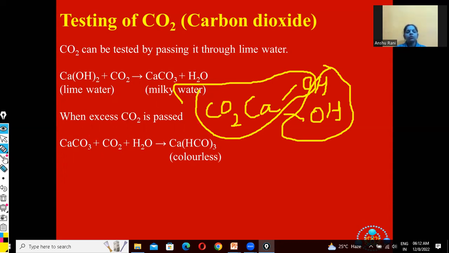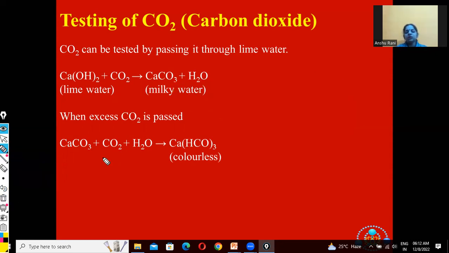But if carbon dioxide gas is passed for a long time, then this milkiness disappears. Calcium carbonate, carbon dioxide and water combine to form calcium hydrogen carbonate.